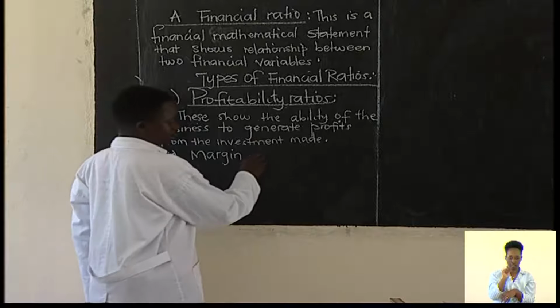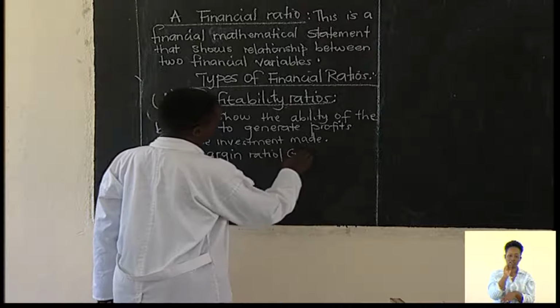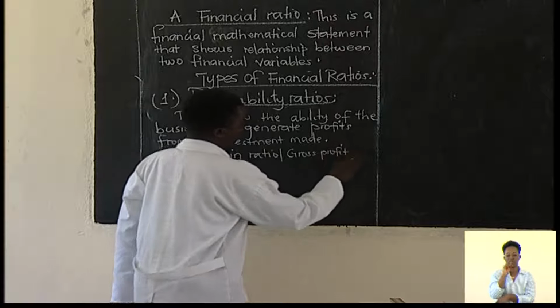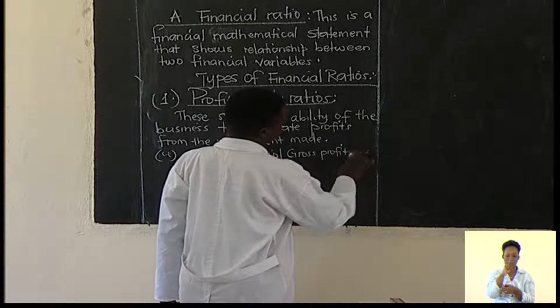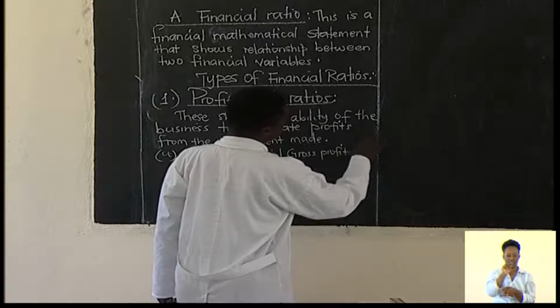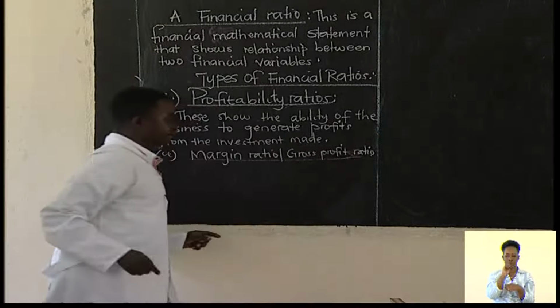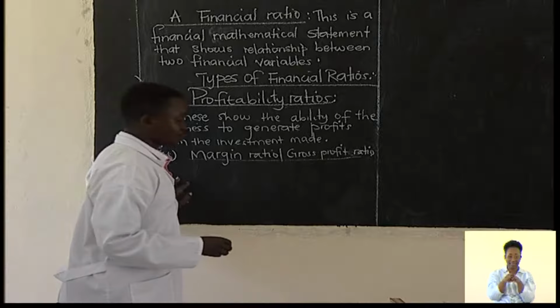We call it gross profit. Some people call it gross profit ratio or gross profit margin, or gross profit percentage. This ratio is the gross profit expressed as a percentage of net sales.